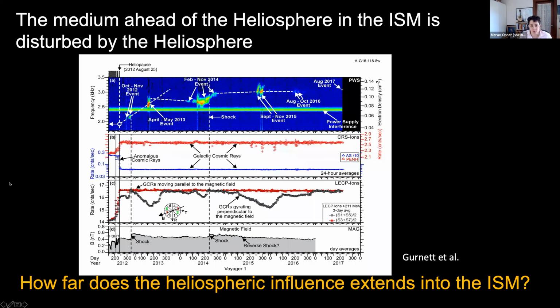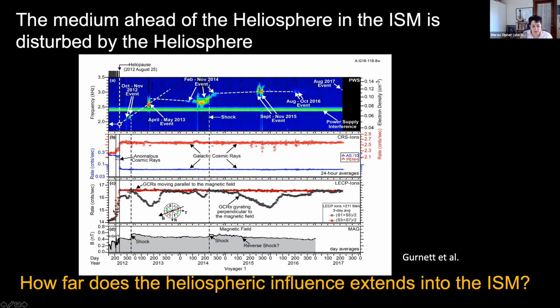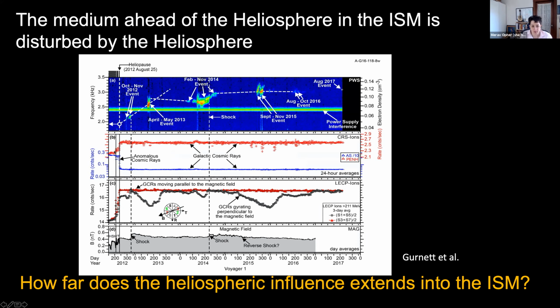And I am showing you now a composite graph of the data measured in the local interstellar medium. And this is the crossing of Voyager 1 in 2012 into the interstellar medium. And the galactic cosmic rays went way up and stayed flat.